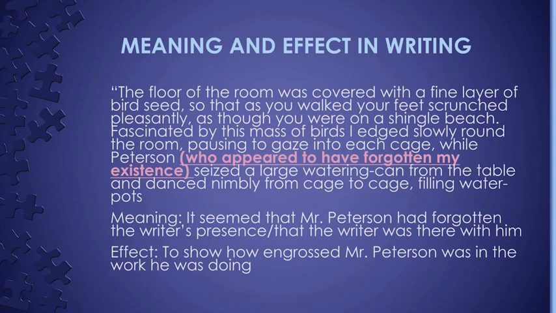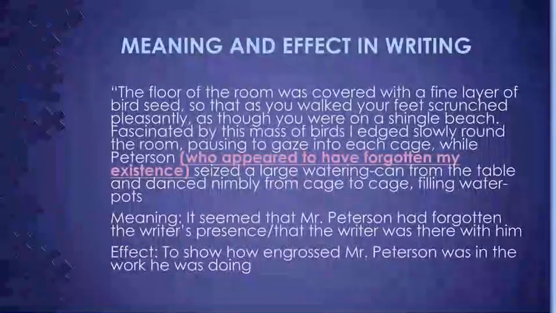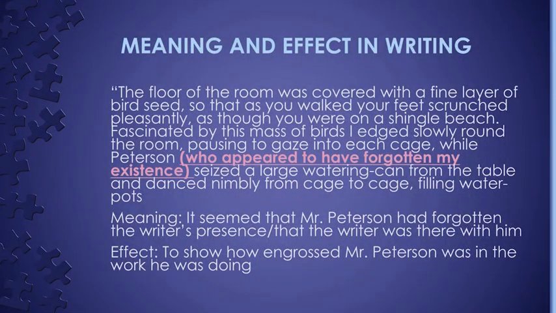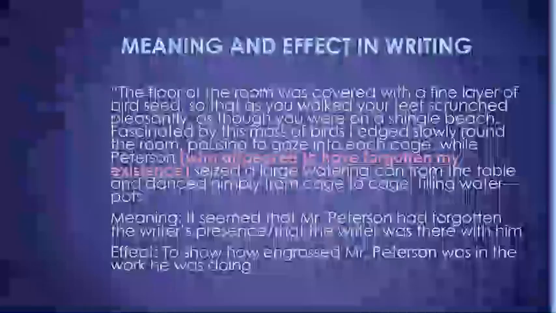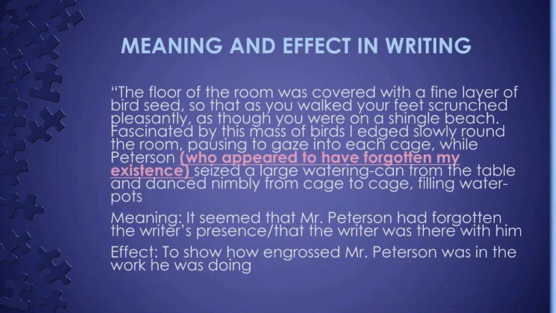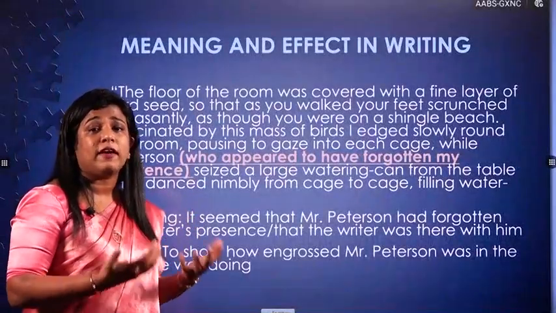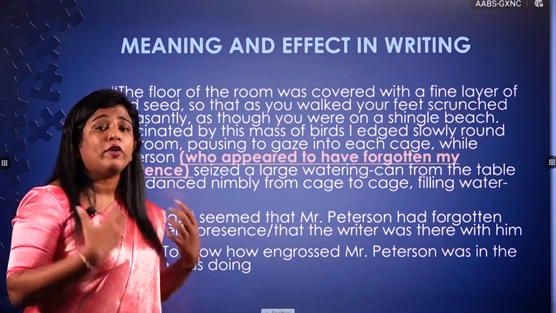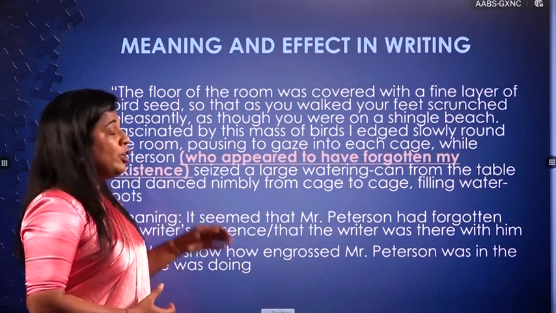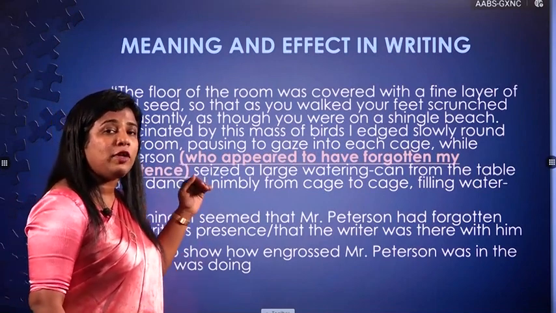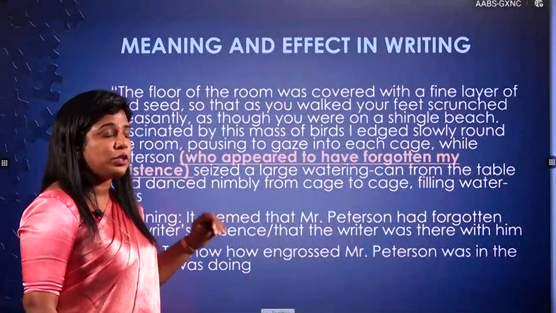So here, when they ask you to write the meaning and the effect of the highlighted words, the meaning is basically that Mr. Peterson neglected the writer, or that he basically forgot that the writer is present with him. And the effect is to show how much Mr. Peterson loves his birds, or how engrossed he is with them. So this is what is expected of you in that last question of the paper.